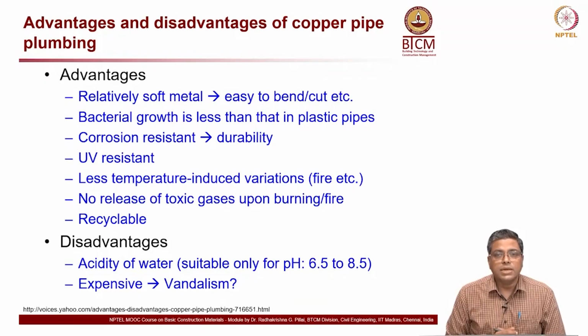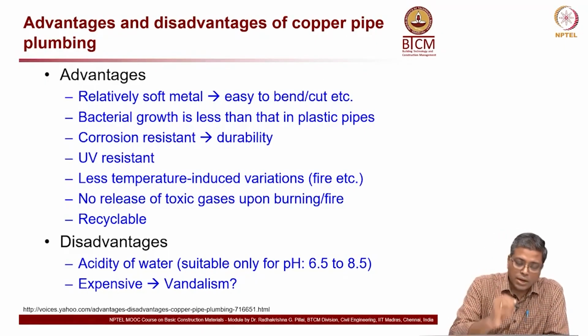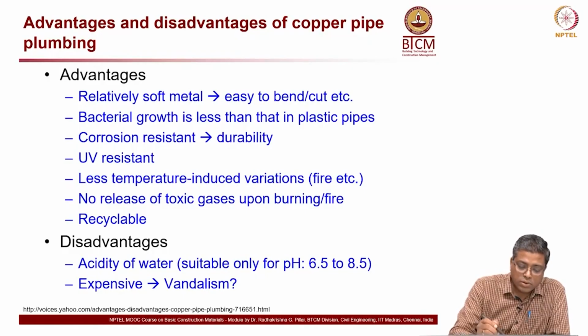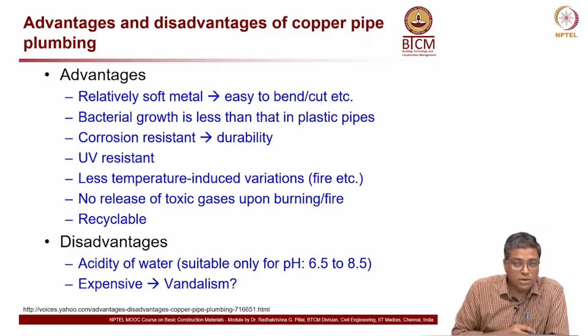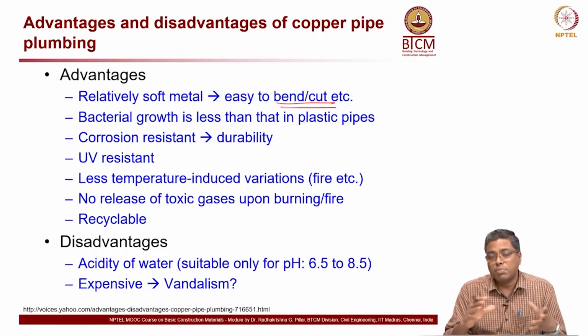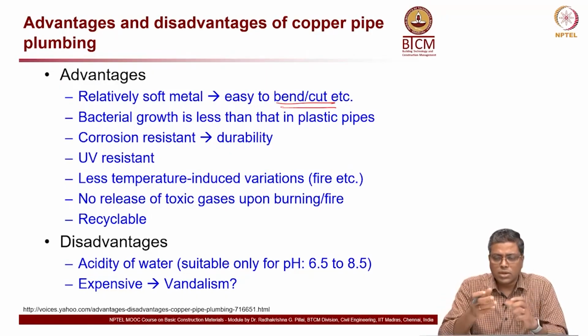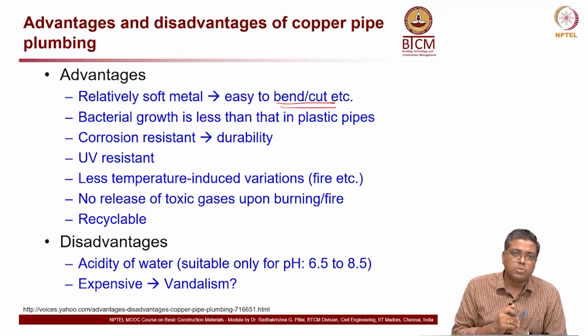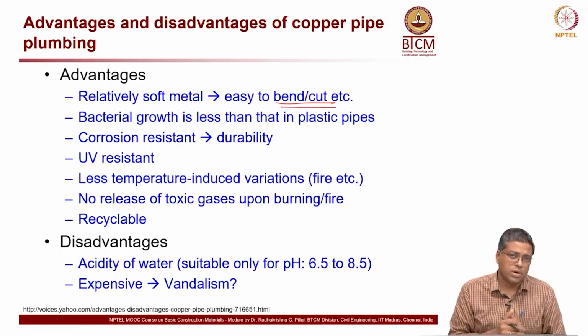Now, advantages and disadvantages of copper pipe for plumbing. Let us look at advantages first. It is a relatively soft metal, so it is easy to bend and cut. Let us say you are talking about plumbing work. If the pipe is very rigid and you cannot bend it or make slight adjustments, then the workers may not like to work with it.